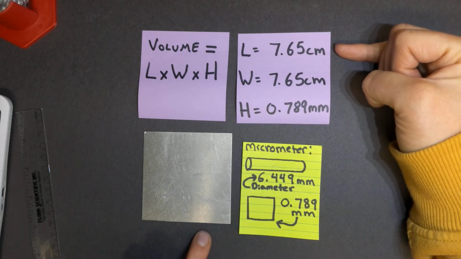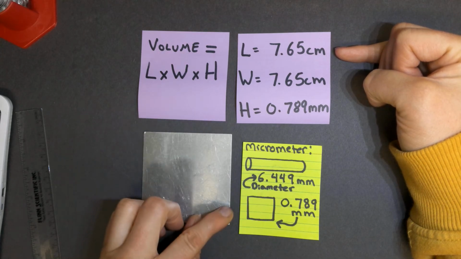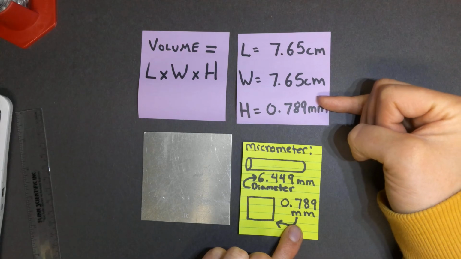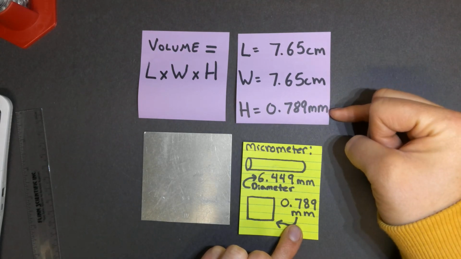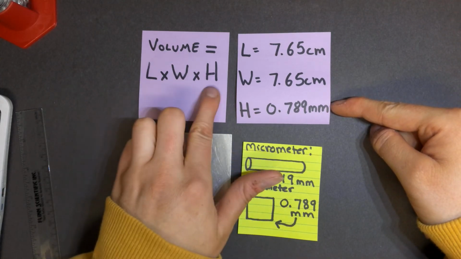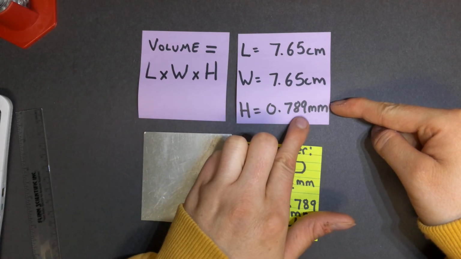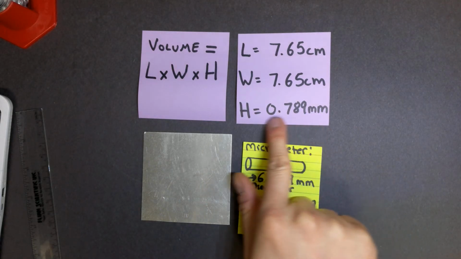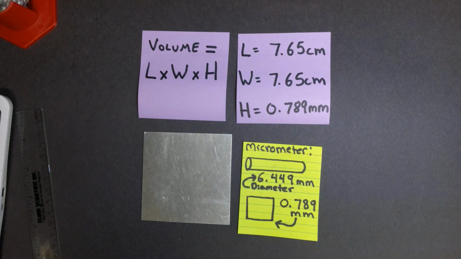So the length I got to be 7.65 centimeters, the width to be 7.65 centimeters, and the height I got from my little card here as 0.789 millimeters. This right here is a problem. So before you plug it into the volume equation, you need to make sure you convert this from millimeters to centimeters. The conversion, an example of it, has already been written in your data table. So use that as a guide to help you convert millimeters to centimeters.